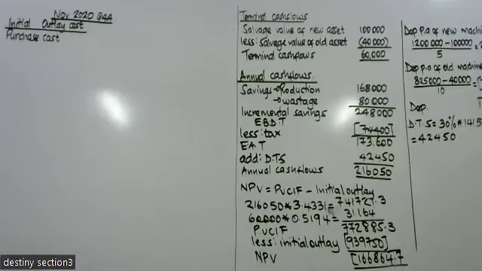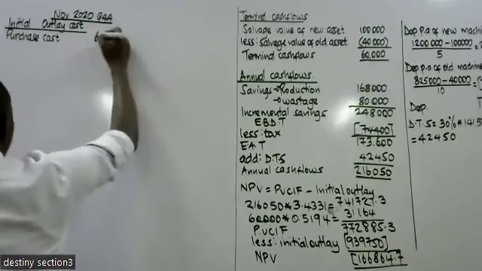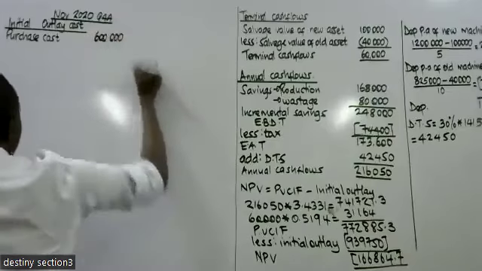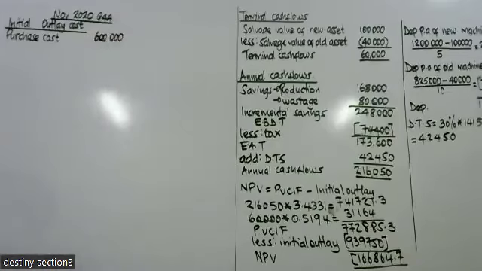How much is your purchase cost? The new machine will cost 600,000. Then to that you add your capital costs now. Do you have any capital costs?